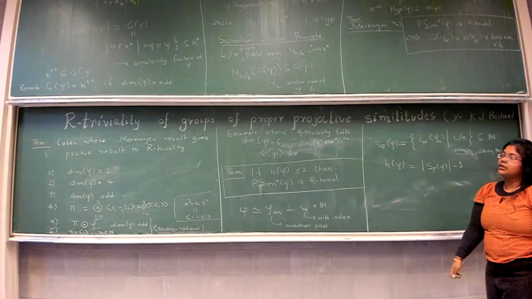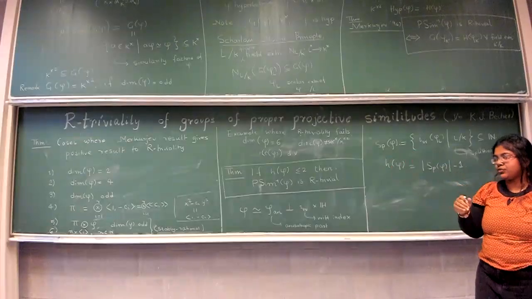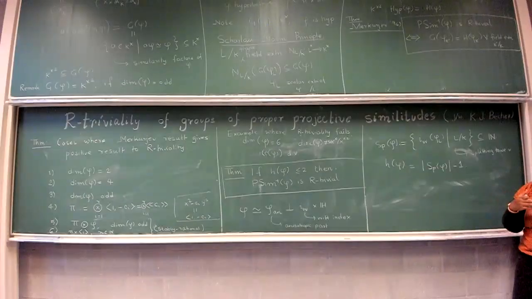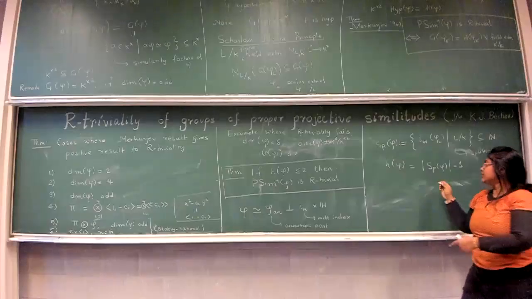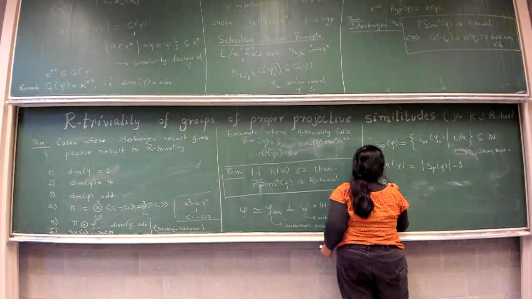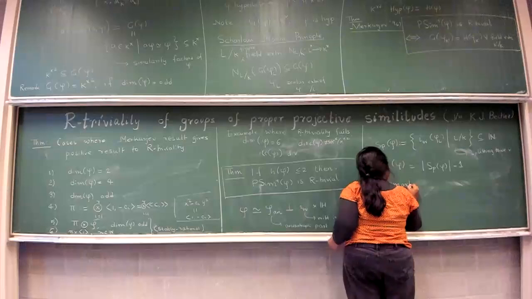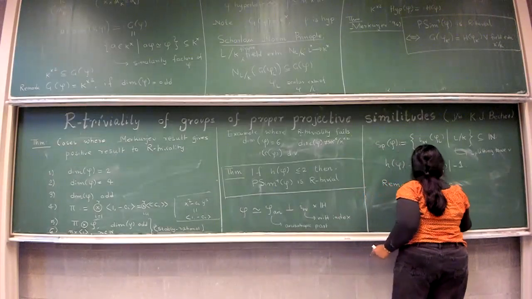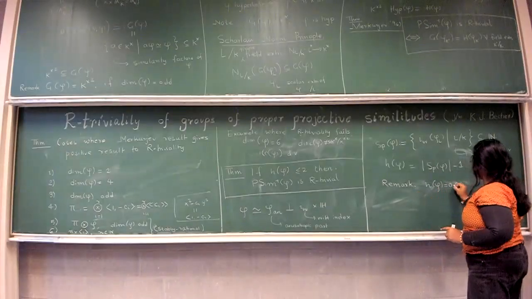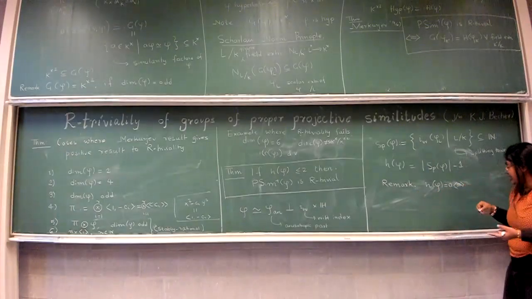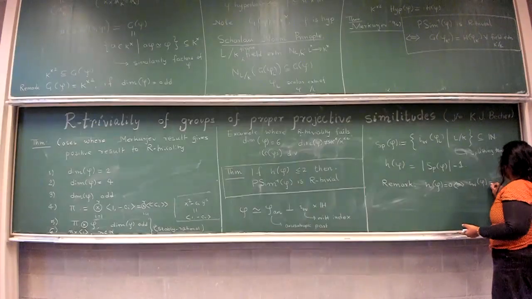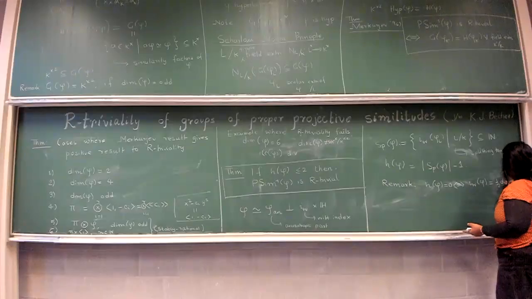For example, for Pfister forms, we know that if the Pfister form is isotropic, then it will be hyperbolic. So in that case, Pfister forms have height 1. And as I remarked, if height is 0, that means the form is actually hyperbolic, and so the Witt index will be half of the dimension.